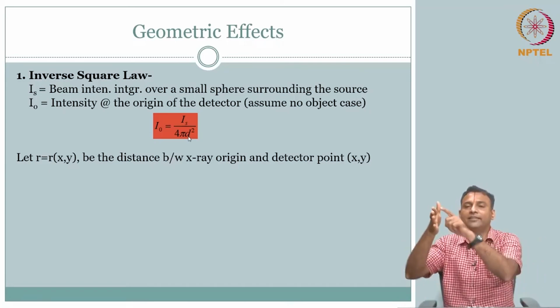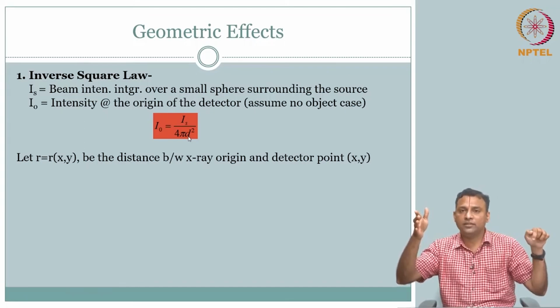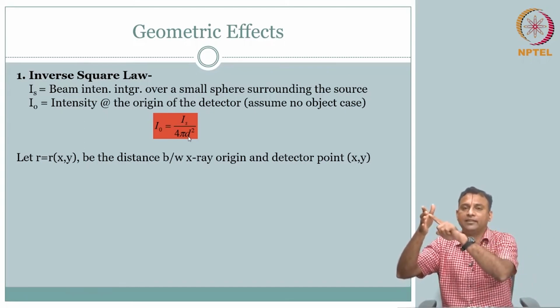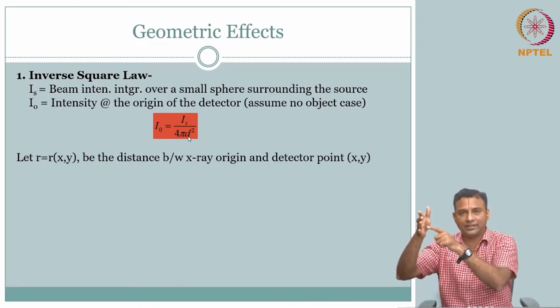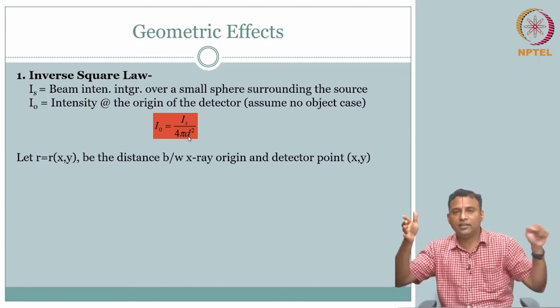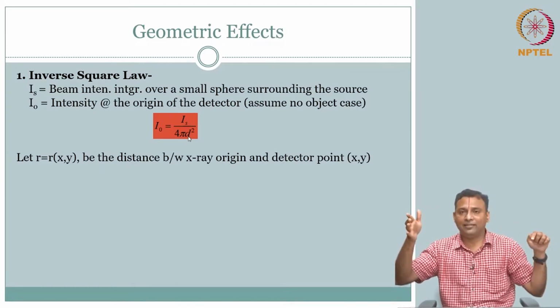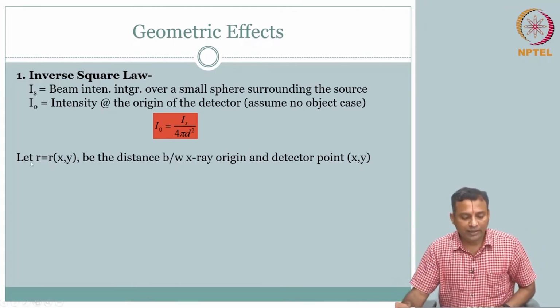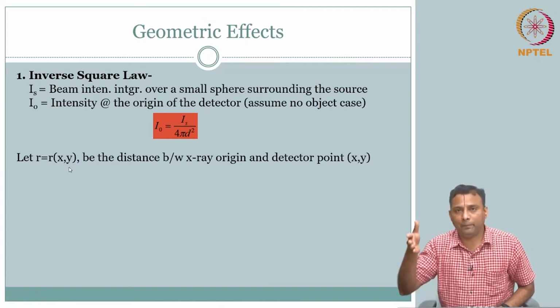Same, measure the distance of this point from the source. You have the center of that plane, a distance d to the center of the plane, and then you could use the d to calculate this diagonal. So let R of x comma y be a point in the plane of the detector.